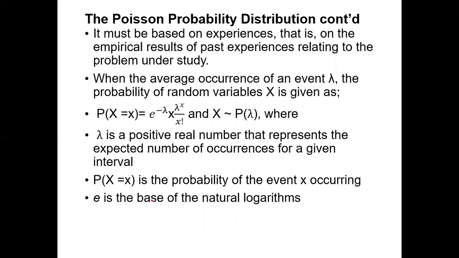Now, the formula for Poisson is quite simple. The probability of x is equal to e raised to the power minus lambda, multiplied by lambda raised to the power x, over x factorial.